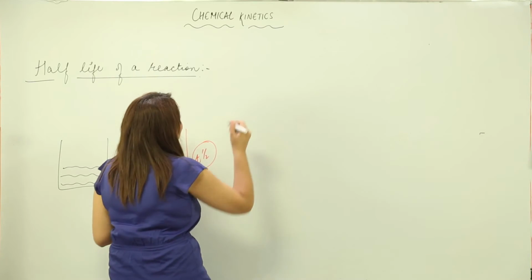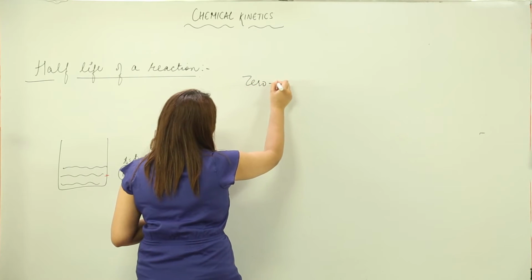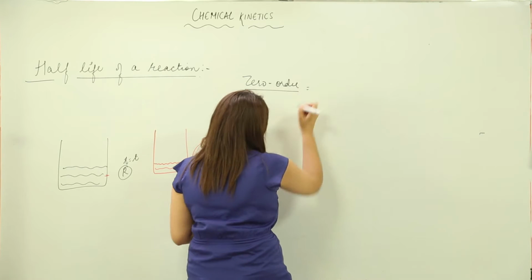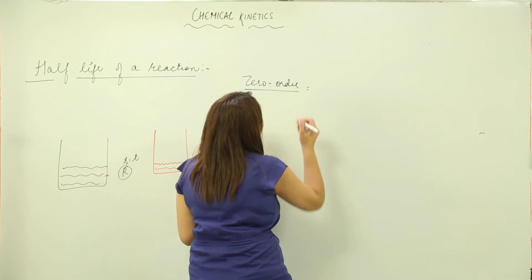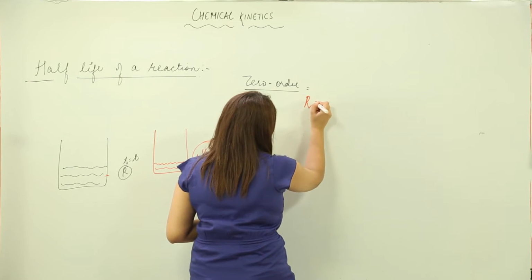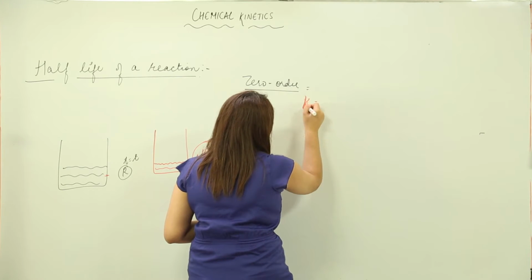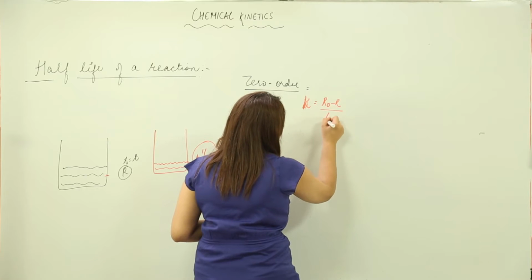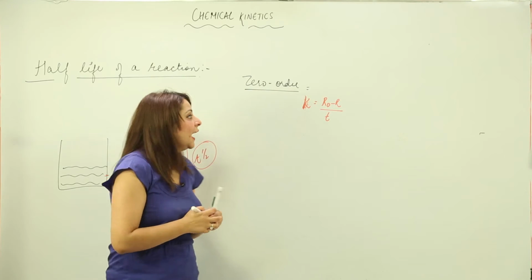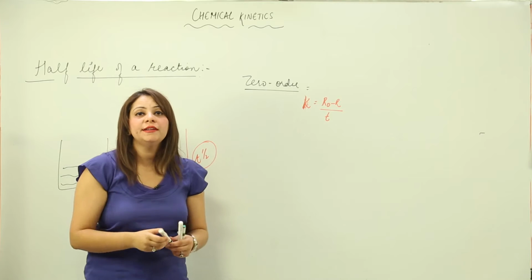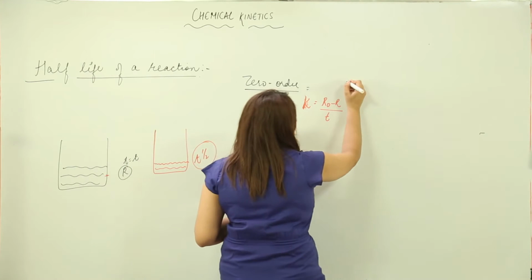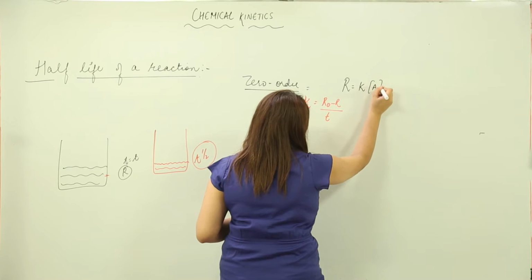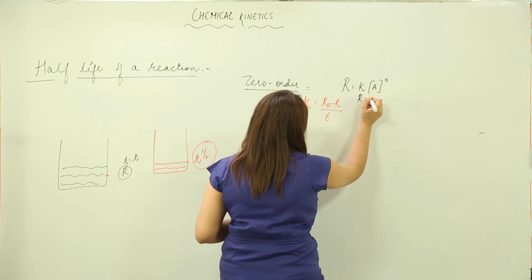Suppose I have a zero order reaction, and you know that for zero order the rate constant is equal to R naught minus R upon T. And if we want to write the differential rate law expression, the rate of reaction depends upon the rate constant, reactant raised to power 0, because the rate is constant.